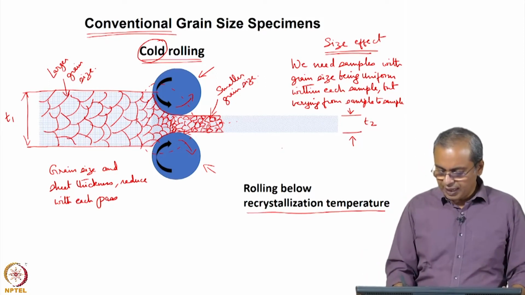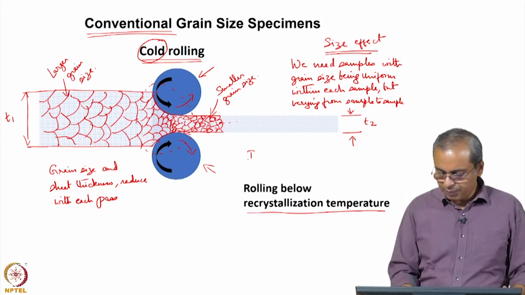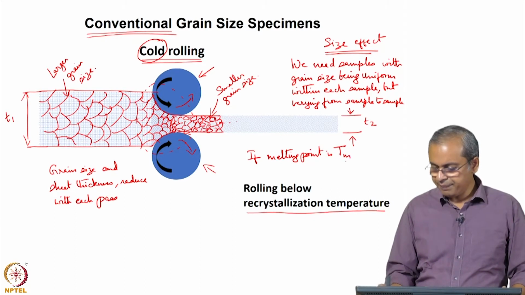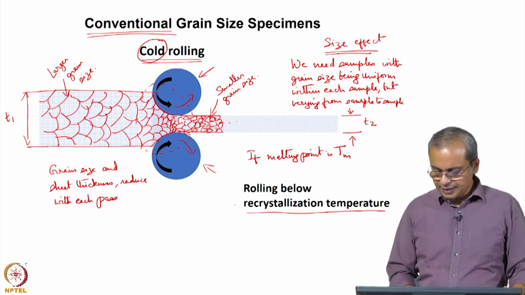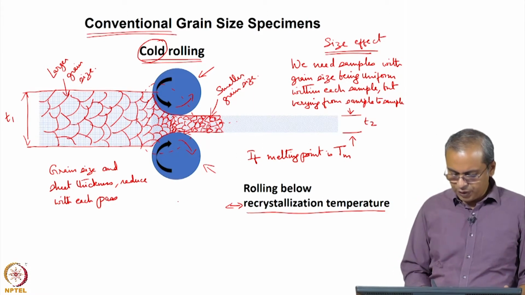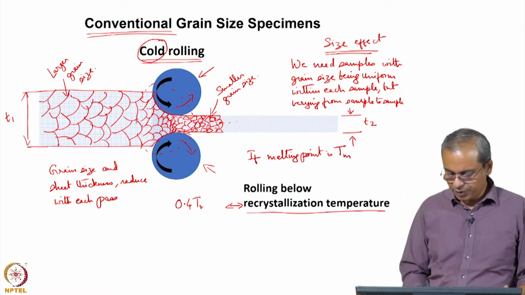So, if the melting point is T subscript m, then this recrystallization temperature is typically of the order of 0.4, 40% of the melting point.